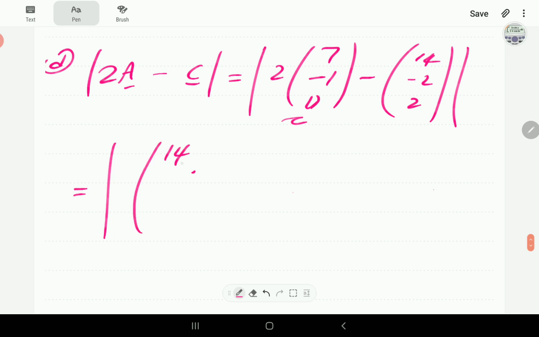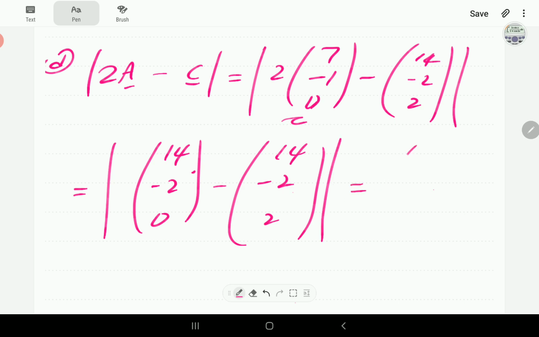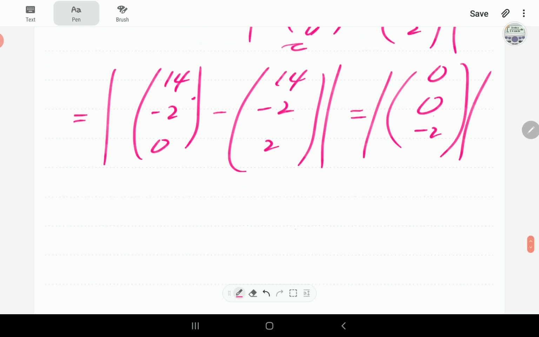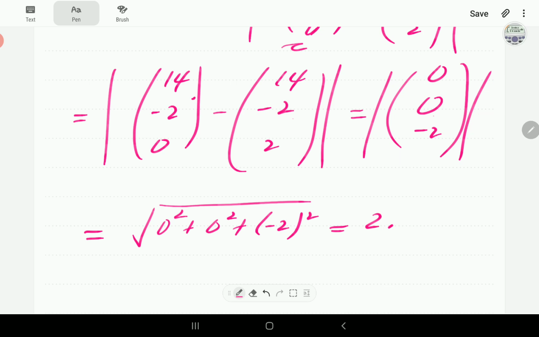That is going to be (14, minus 2, 0) minus (14, minus 2, 2). Doing the subtraction, it's going to be 0, it's going to be 0 as well, and it's going to be minus 2. So the magnitude is the square root of 0 squared plus 0 squared plus negative 2 squared. This is going to be 2.